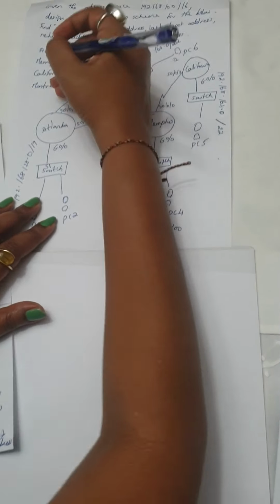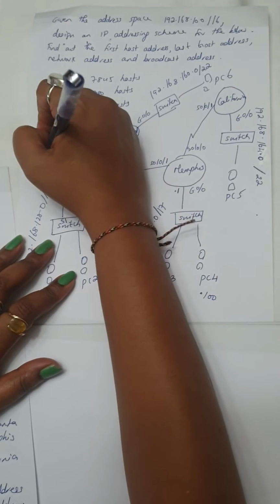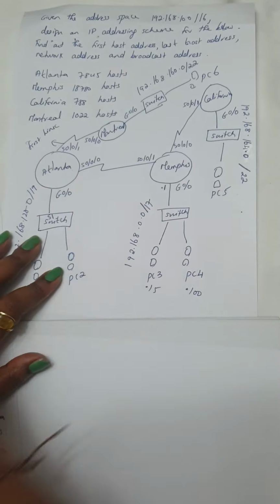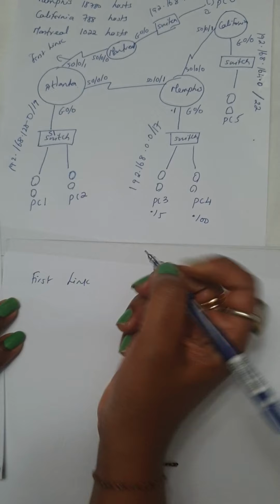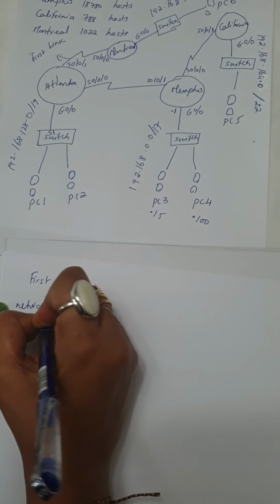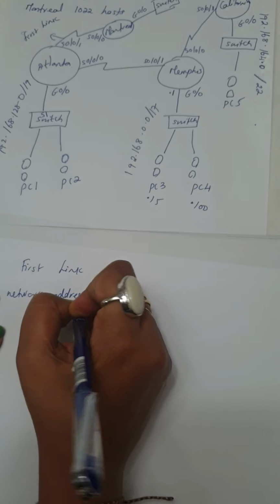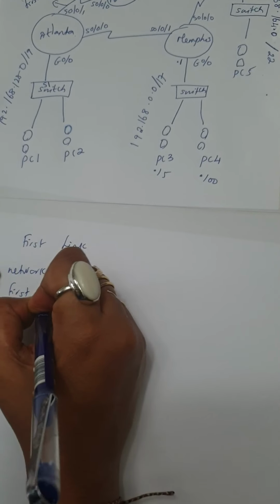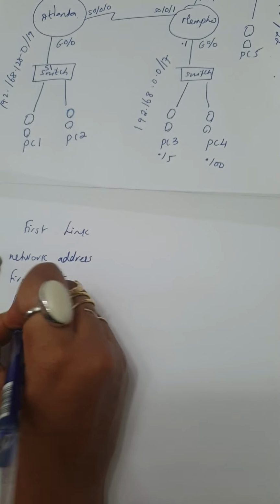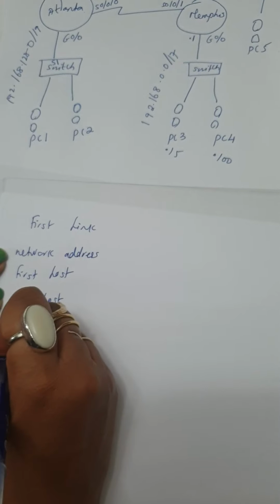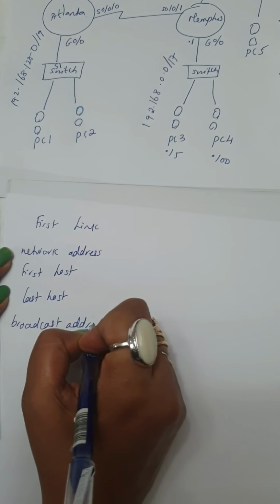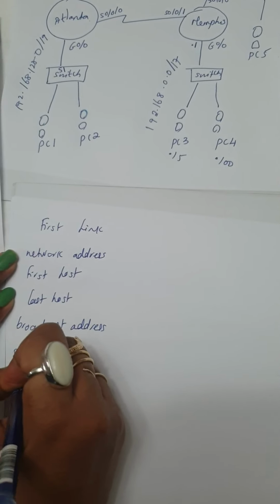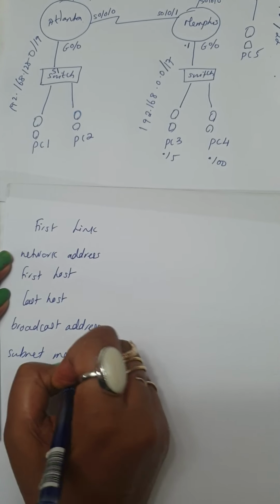Now, I'm assuming for our addressing table that the first link will be Montreal and Atlanta. So this link between Montreal and Atlanta, we will take it as the first link. We have to calculate the network address, first host, last host, broadcast address, and subnet mask.